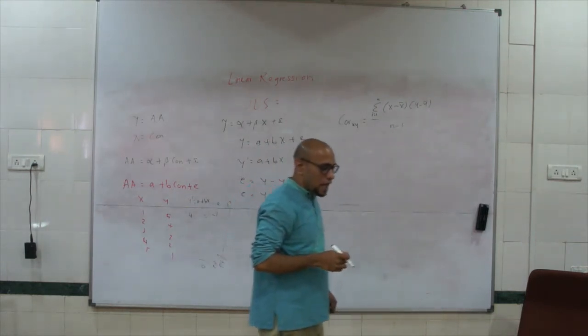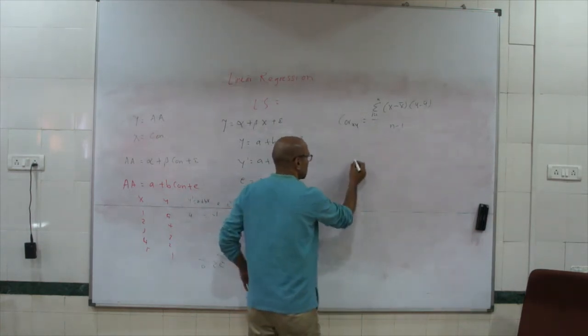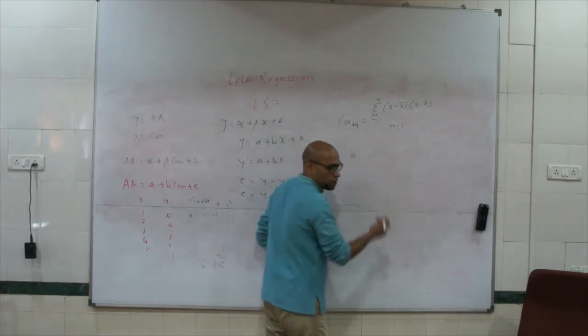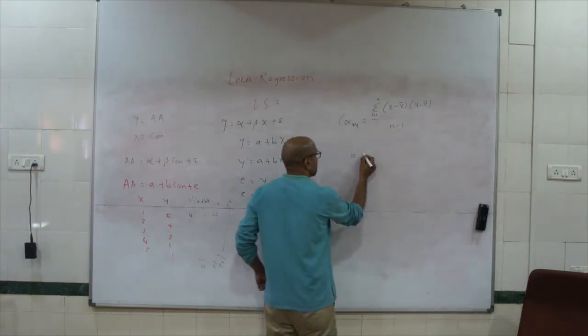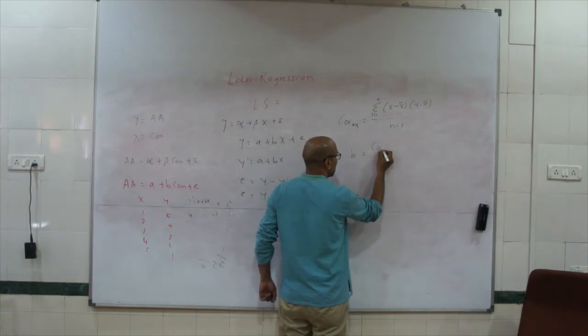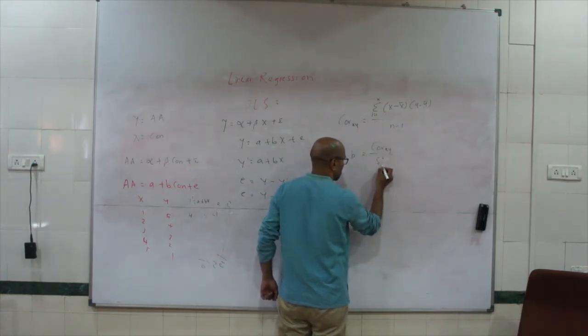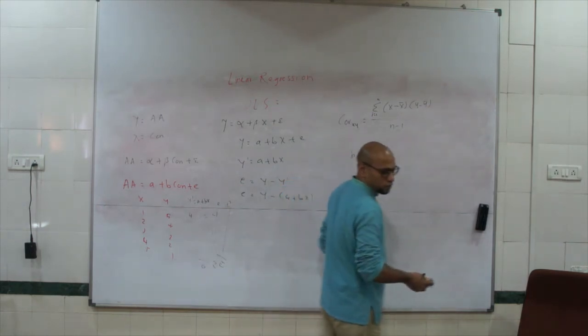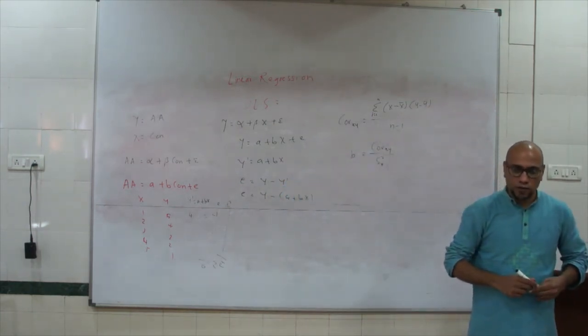Now B, or generally you write b yx, is covariance xy upon variance of x.